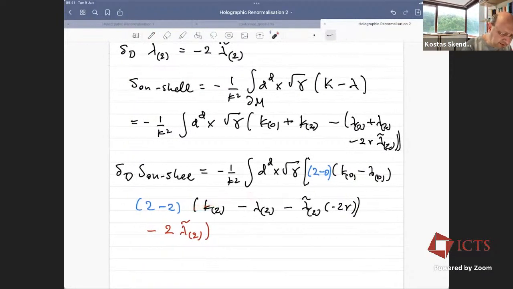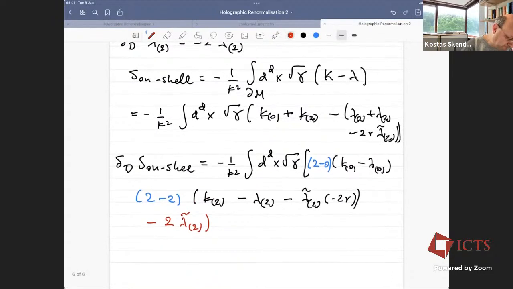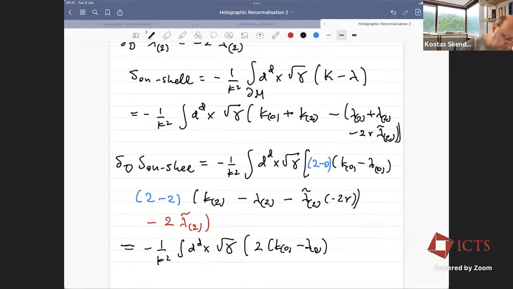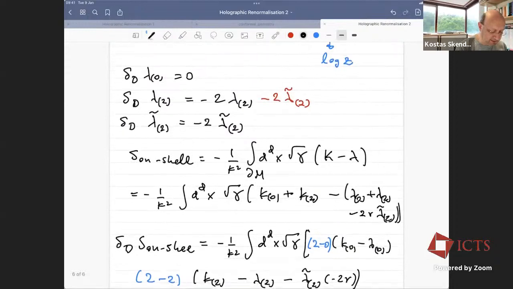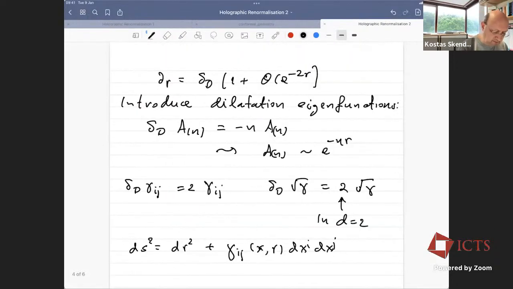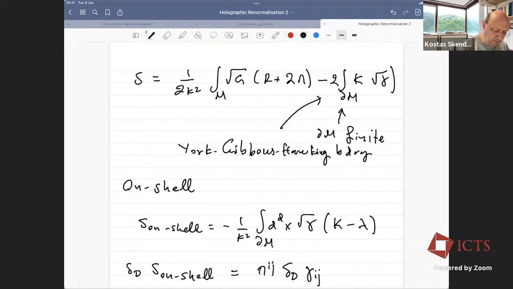Let's collect pieces. So that's the left-hand side of this relation.